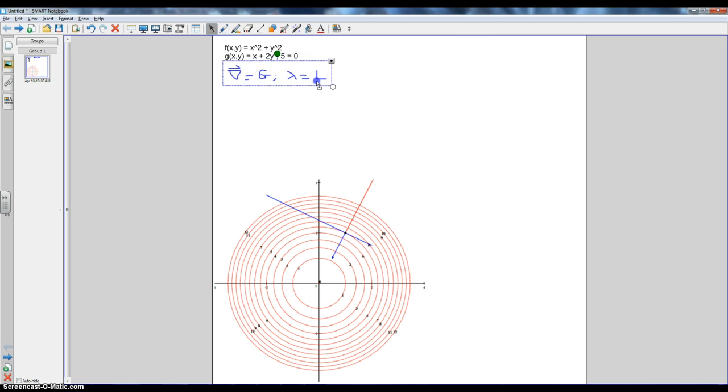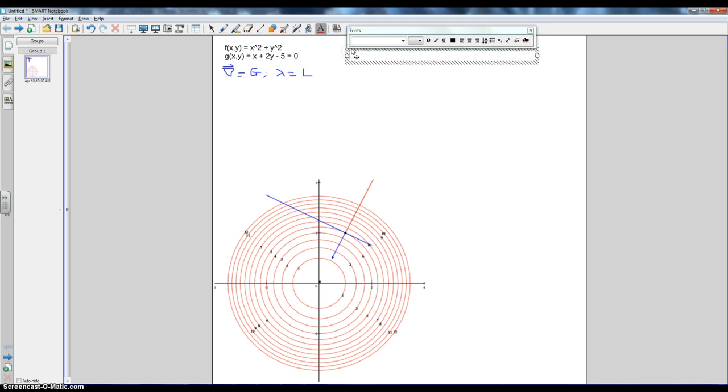I will type down the gradient equation and the Lagrange multiplier equation, and we will work with them for the whole of this video.